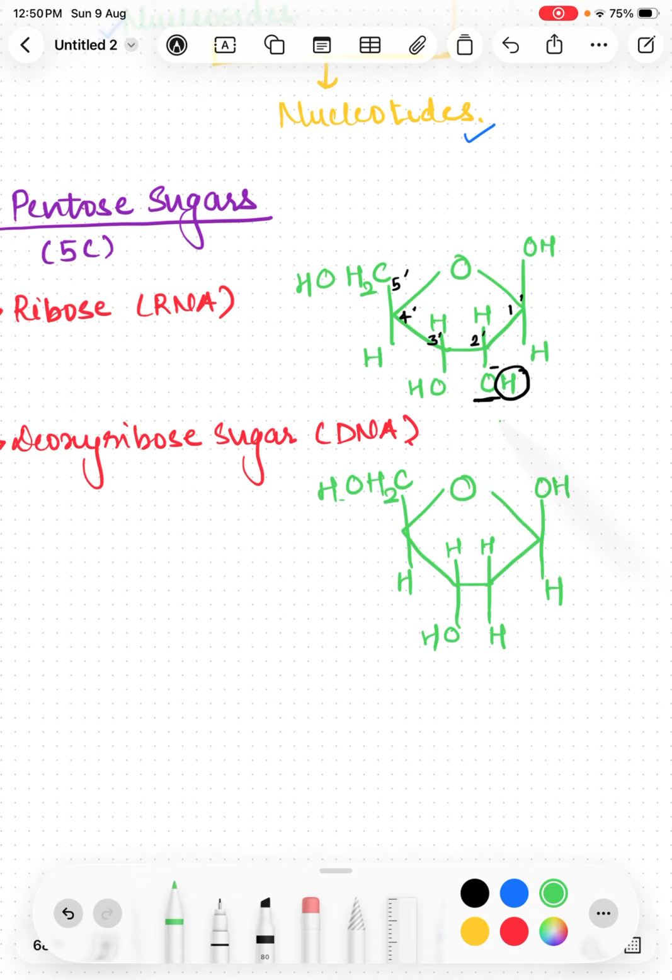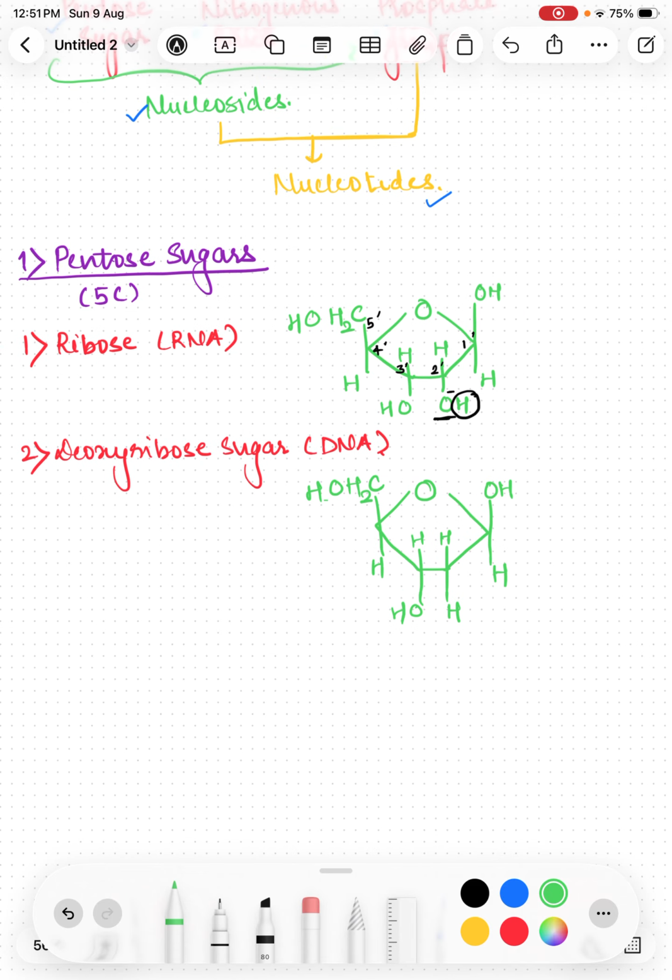Thus RNA is not stable, and making this unstable group as a genetic material is not advisable. Thus nature chose DNA as a genetic material as this hydroxyl group is absent at 2 prime OH. In DNA, oxygen is removed and only hydrogen atom is present at 2 prime end.